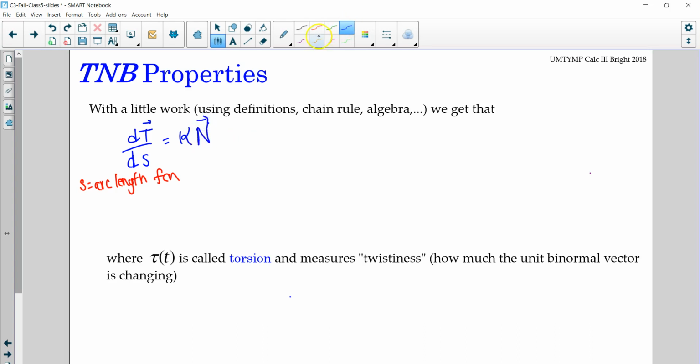And also just a note here, as we've defined curvature, that's always a non-negative value. So then what this means is that the unit normal vector points in the direction that we are turning.